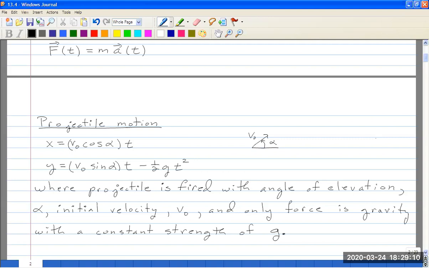And we assume that gravity goes down with an acceleration of g. So we have that this travels along some sort of path.